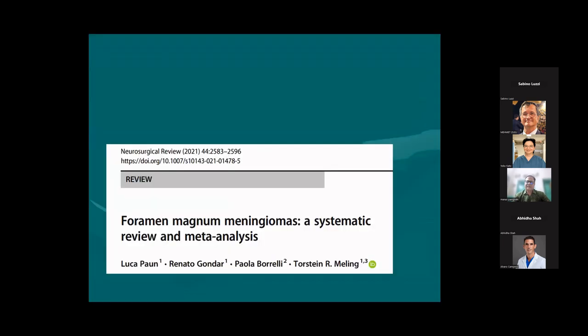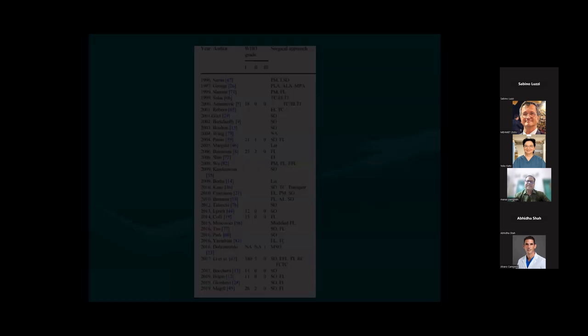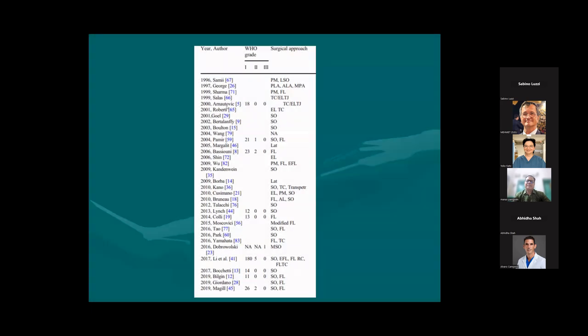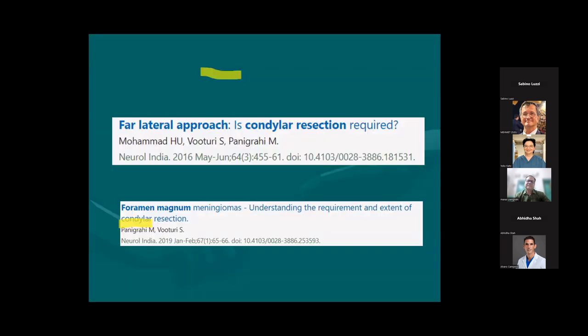Now, there is a systematic review in 2021. When they analyzed all the foramen magnum meningiomas from 1996 to 2019, many people had used all types of approaches, from posterior midline posterior fossa to extreme lateral, far lateral, transtubercular, transpetrosal, and it is confusing for a surgeon who starts practicing to know which is the best approach.